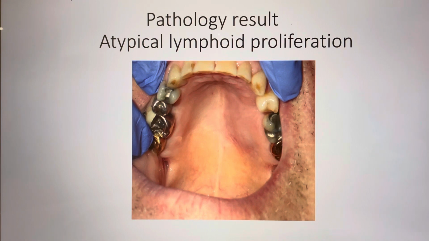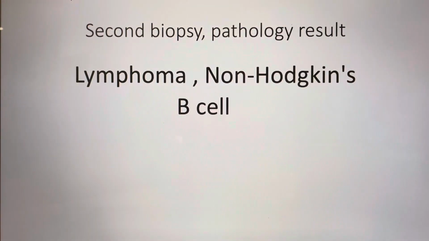So I talked to the pathologist in the lab and I did more biopsies. I sent more tissue, and the second biopsy showed non-Hodgkin's lymphoma. Non-Hodgkin's lymphoma was considered a very aggressive malignancy in the past, but now it is treatable. Oncology has made progress and it is treatable.